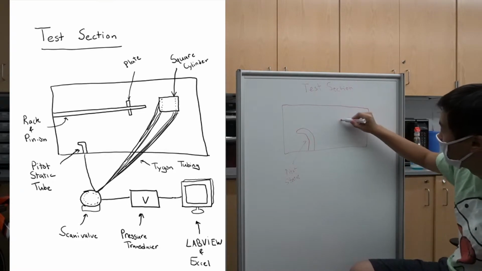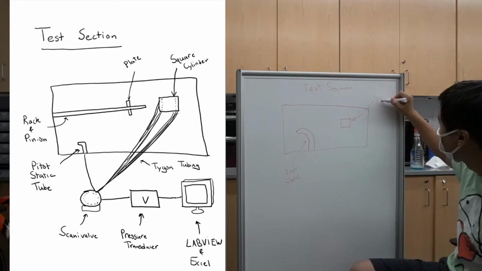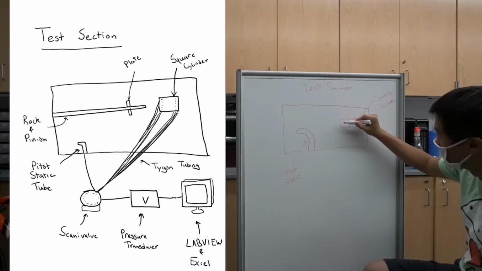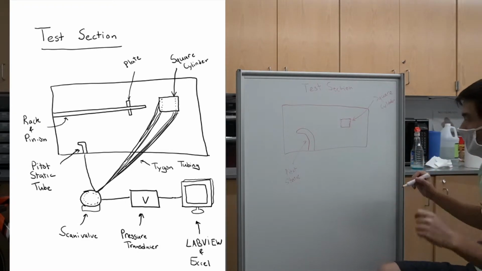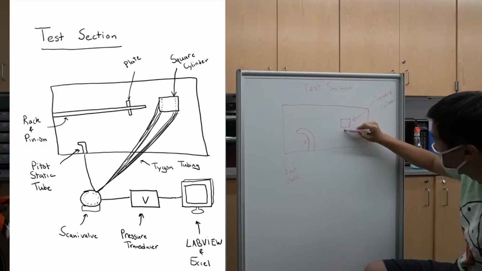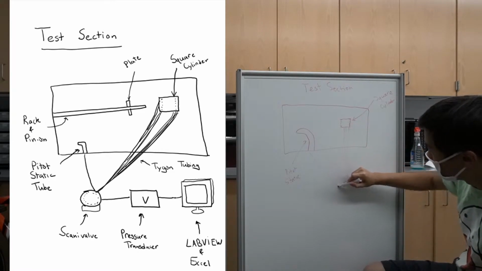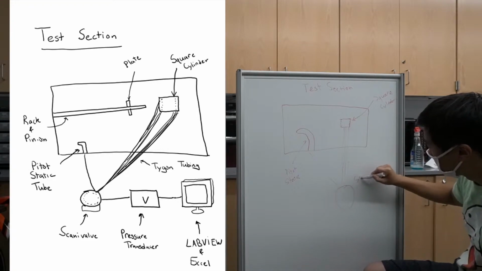We also have the cylinder here, our square cylinder. On our square cylinder, we have holes tapped on both the front face and the back face. And these holes each have Tygon tubing, along with the pitot-static tube, that go to our Scanivalve.